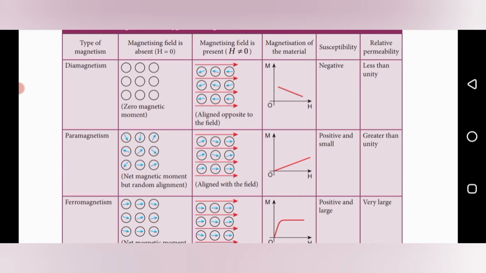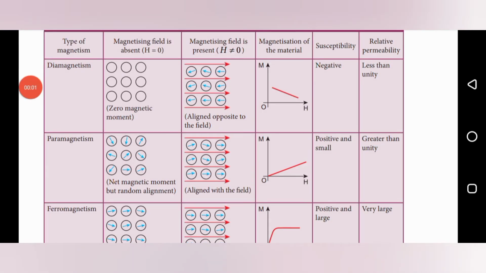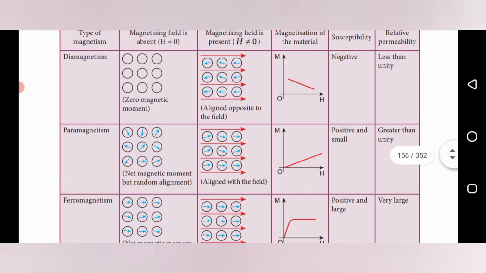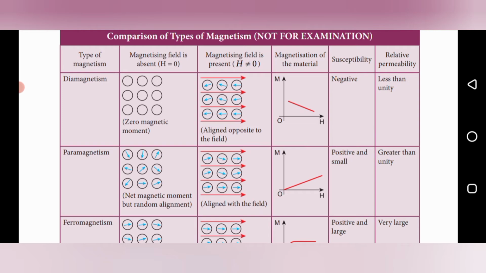Third, the graphical representation shows the magnetization of the material, increasing or decreasing. Next, susceptibility, that is how strong the magnet can be. And the last property is relative permeability, compared with unity, that is 1. So I will explain one by one.